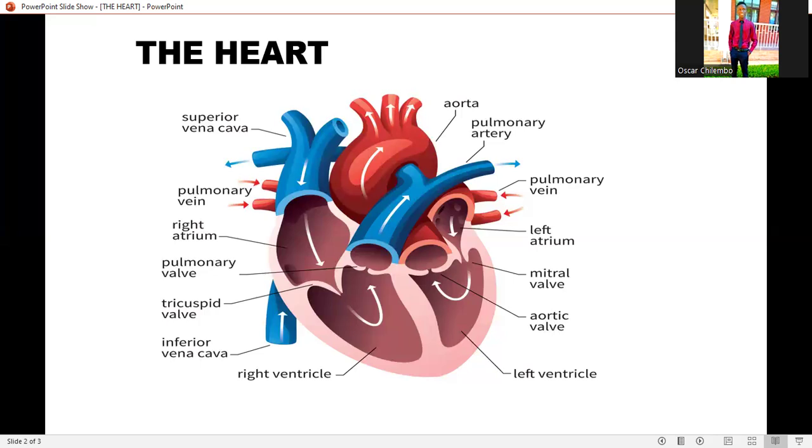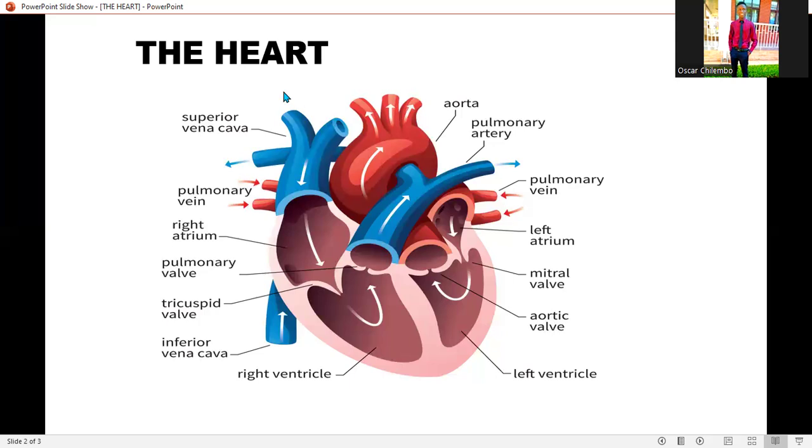How does the stroke volume, that is the amount of blood pumped per minute, combine together to form the cardiac output? Okay, so we need to look at how everything works.